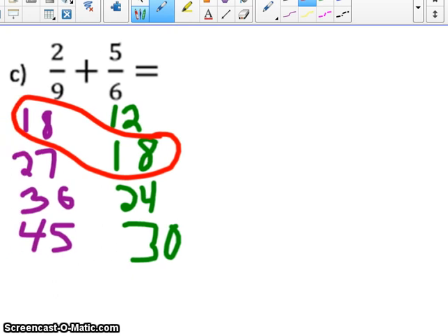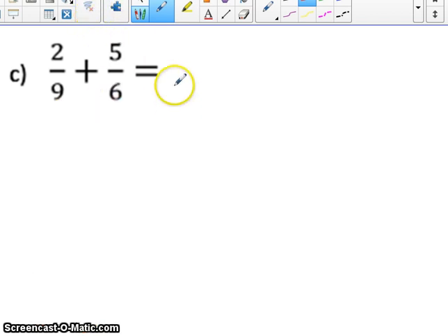Let's make sure all that's in the screen. It's important that we have the LCD of 18 and that we know what it is. Now I'm going to get rid of all of this. Normally I'd leave it, but we're short on space here on the smartboard, so I'm just going to delete it. We know it's 18 though. So let's go ahead and write our new fractions.